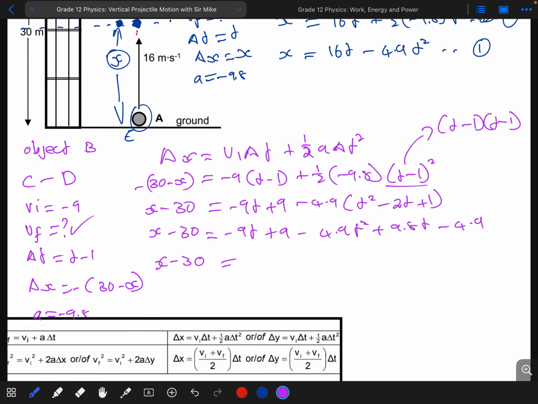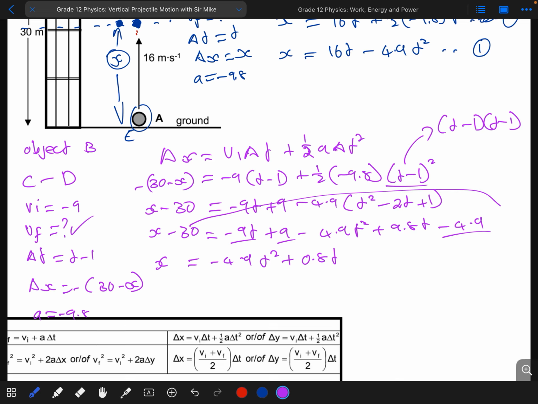So what I'm going to have is x equals, I'm going to put this first, negative 4.9t squared, right? If I put these two together, I get plus 0.8t, right?